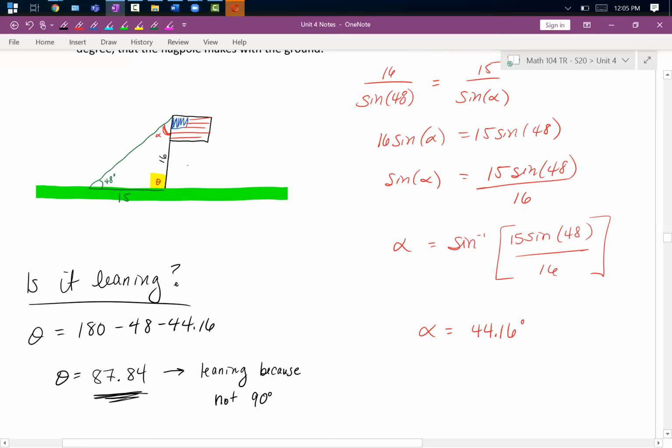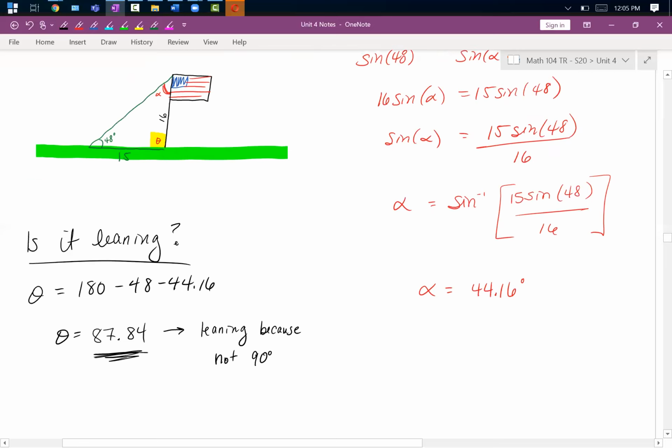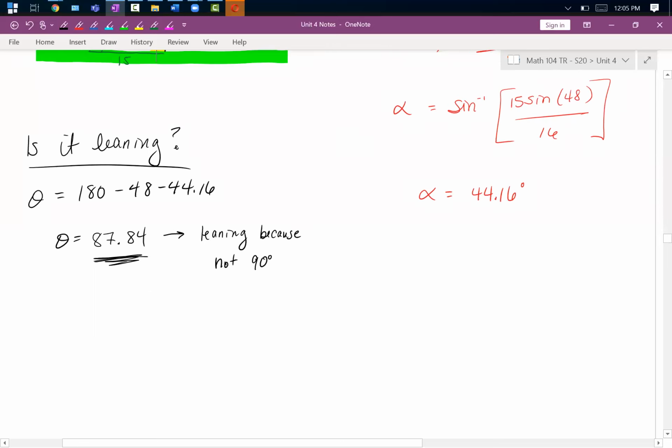Because when you set up your diagram, you may have it set up from the wrong side. All right, it's leaning because it's not 90 degrees. We found the acute angle, but they asked us to round to the nearest degree. So 88 degrees is our final answer. Questions, anybody?